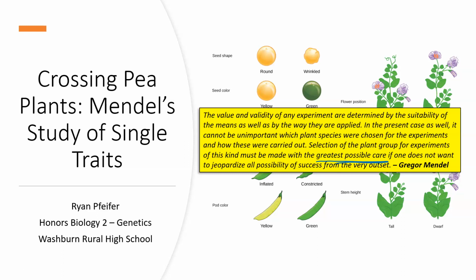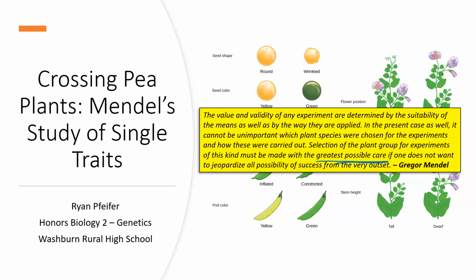This was a specific quote that he put in his background introduction for his entire experimental work. And he knew that the possibility of success at the end was vital to the correct identification of a legit plant species that would give him, in his mind, ultimately the success that he was looking for.